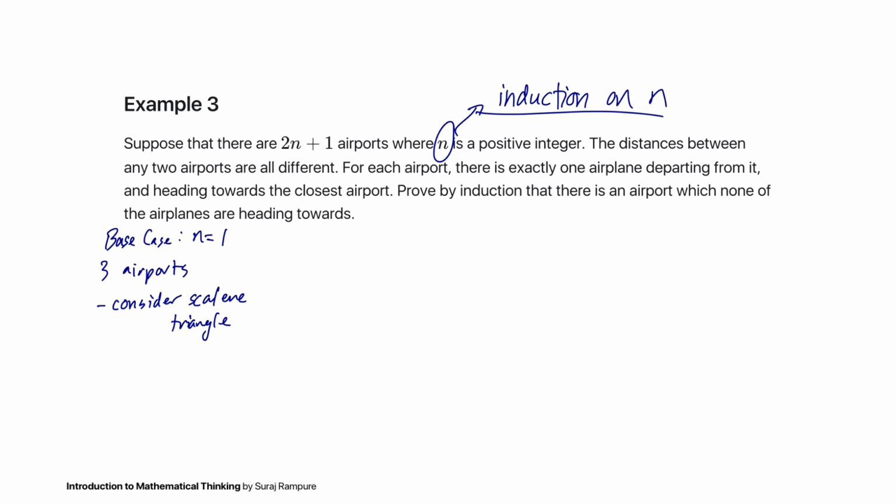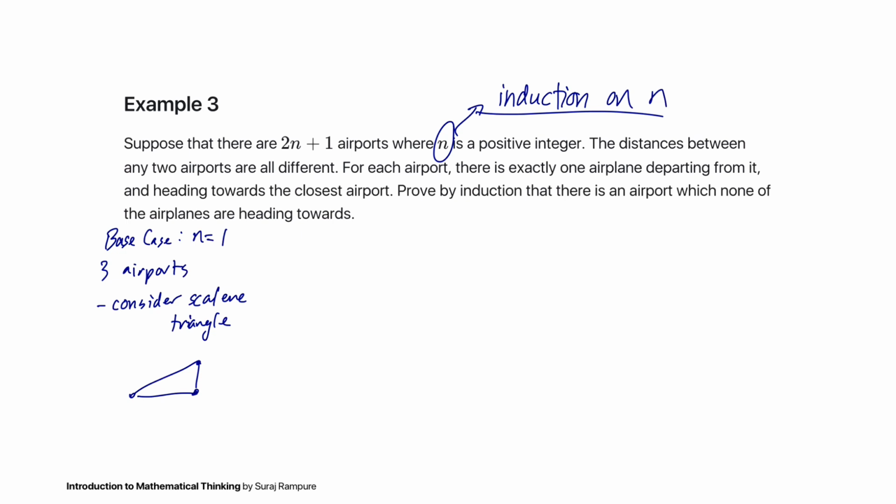So consider a scalene triangle. That's exactly a triangle where all 3 sides have different lengths. Let me just draw some random scalene triangle. Okay, maybe that's not scalene. Okay, sure, that's scalene. All 3 distances are unique.